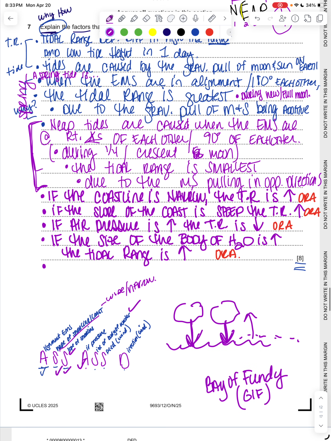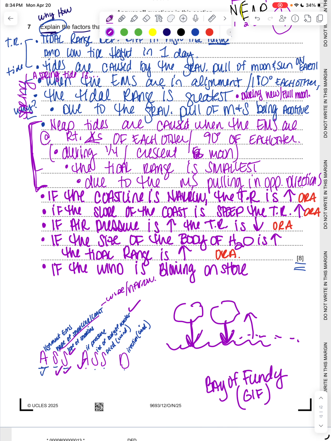Okay, and then we got two things about wind. So it's the direction and the speed. I'm going to talk about the direction first, because the speed is kind of irrelevant until you talk about what direction it's going. If the wind is blowing onshore, you don't have to say onshore, you could say offshore.